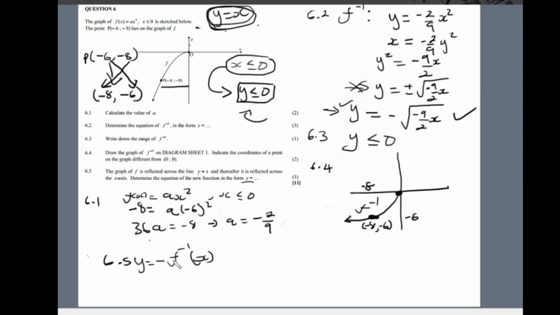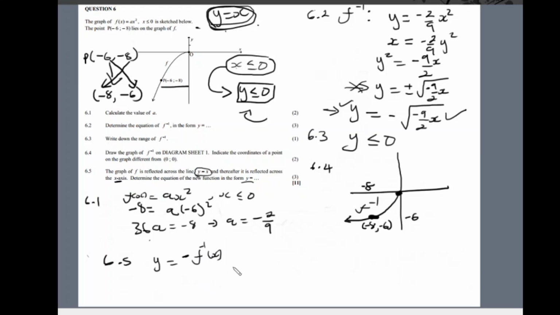You are reflecting this first part, y equals f to the minus 1 of x. Here we are reflecting the function across the line y equals x, which is this inverse here. And then when we are reflecting it across the x-axis, you then put a minus here, right? That is when you are reflecting it across the x-axis.